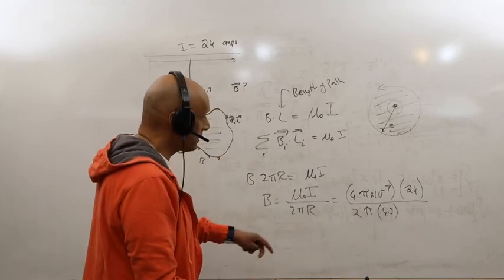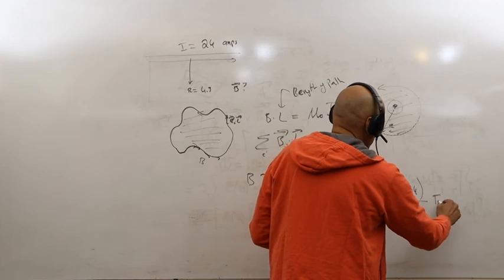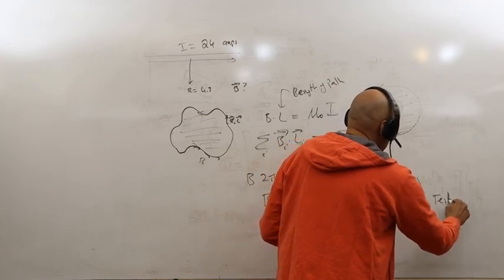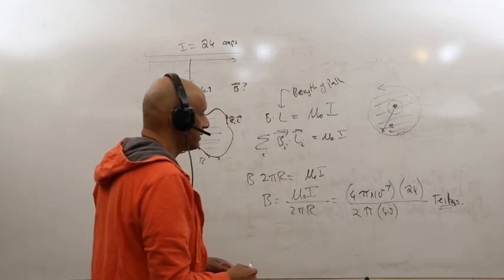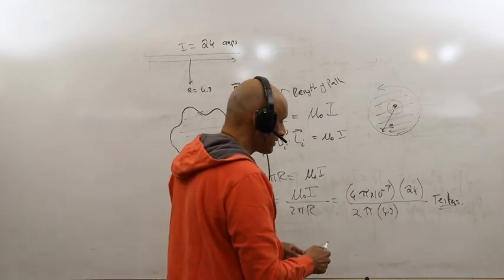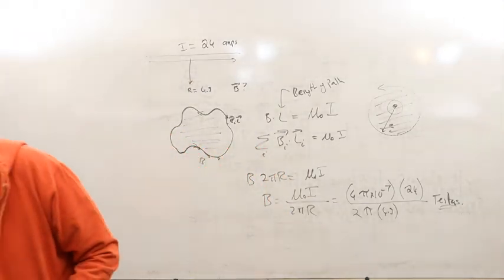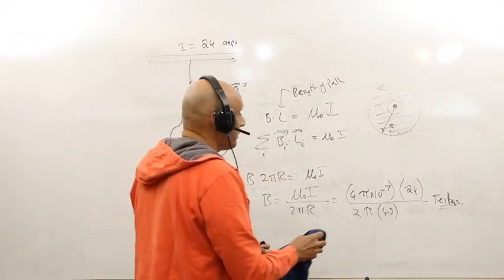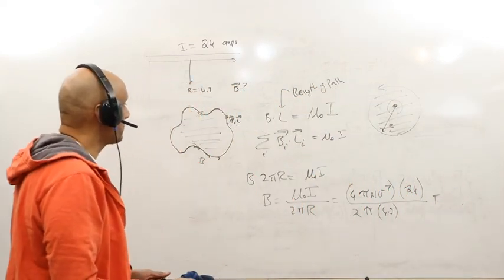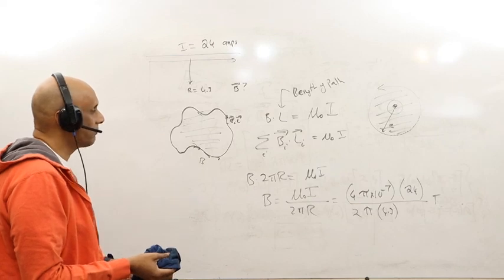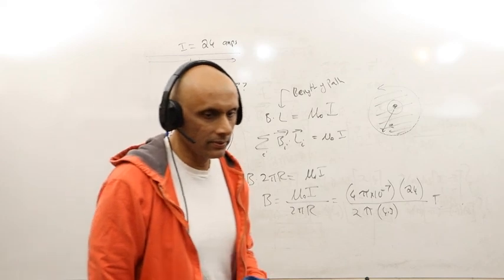Whatever the answer is when we plug into a calculator, it must be in Teslas, T. The main idea is that we're using Ampere's law to construct the strength of the magnetic field around a wire. Hopefully you understood that.